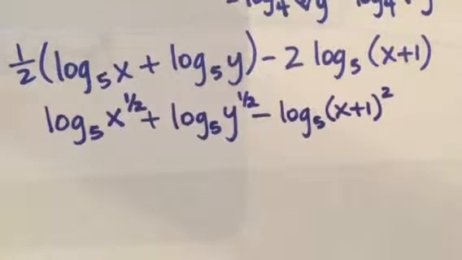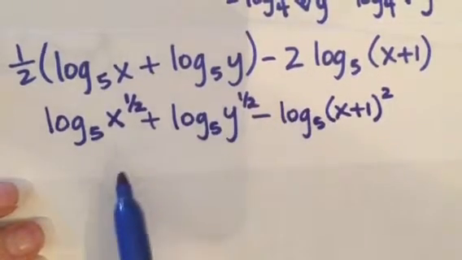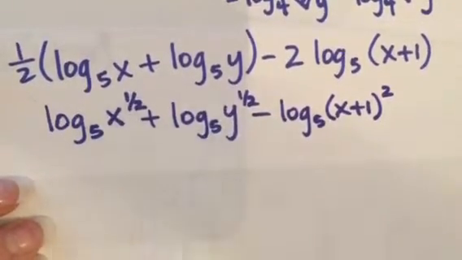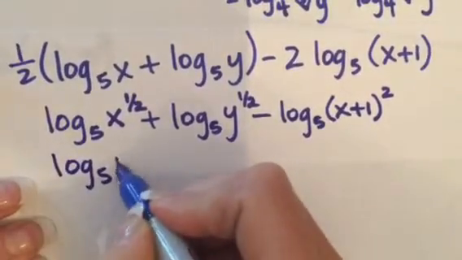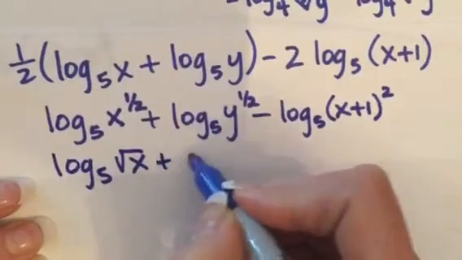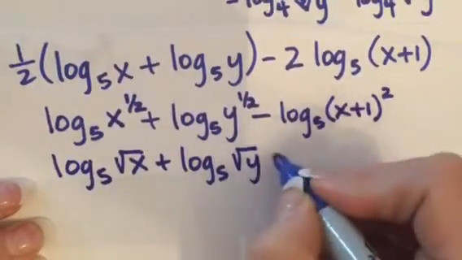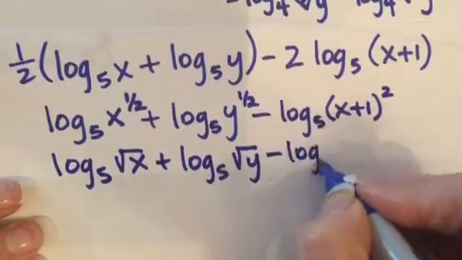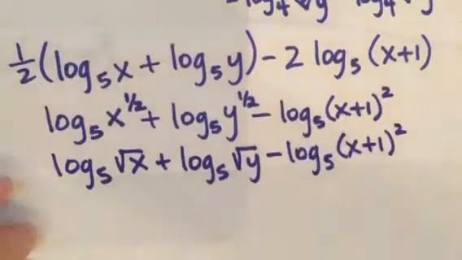Okay, very good. So let's go ahead and condense, or maybe take an intermediate step and write these as radicals. Okay, log base 5 of the square root of x plus log base 5 of the square root of y minus log base 5 of x plus 1 squared.